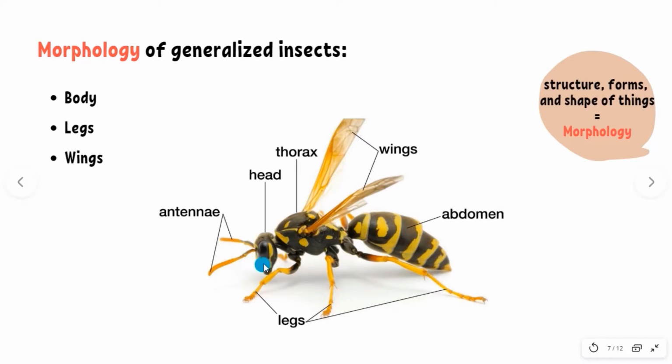The head consists of the eyes and the antennae. So this way we can recognize the insects from other animals. And remember, they are invertebrate, as we said, which means that they don't have a backbone, just like starfish.